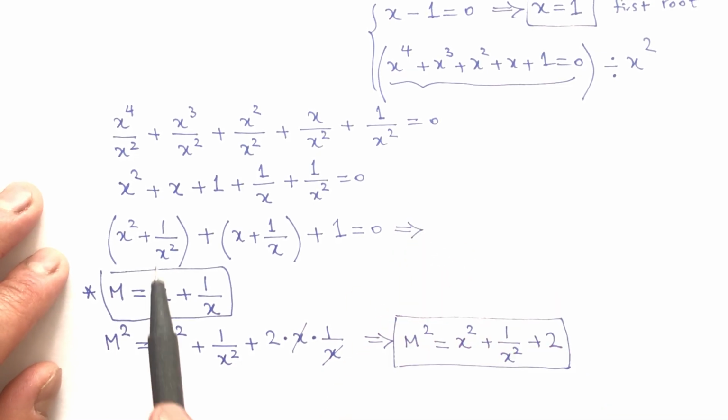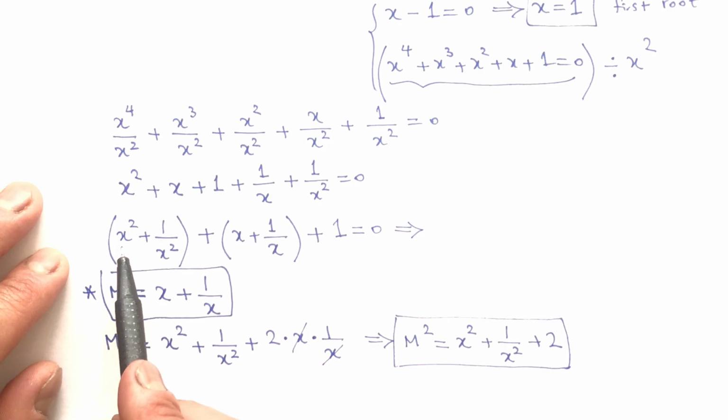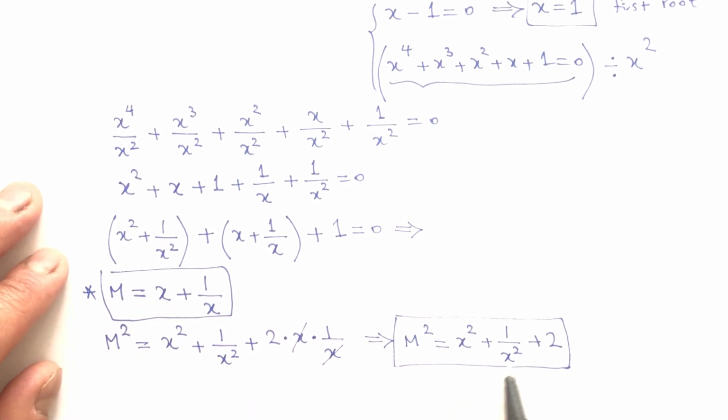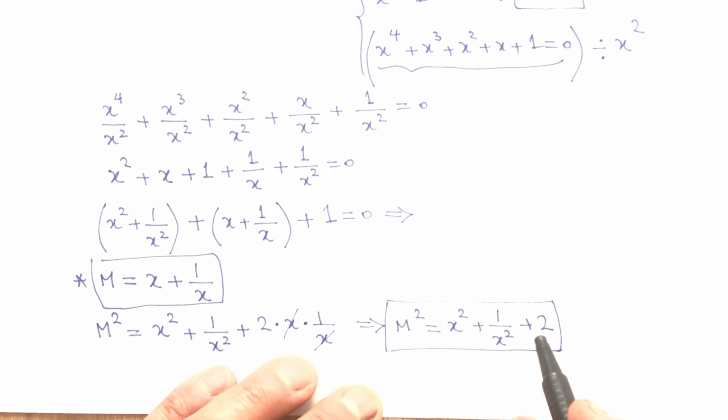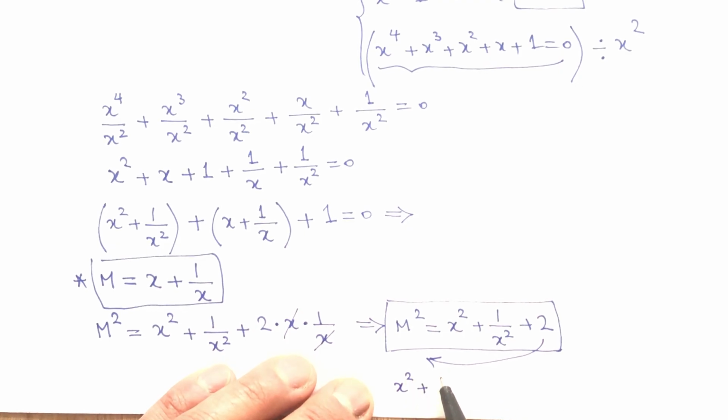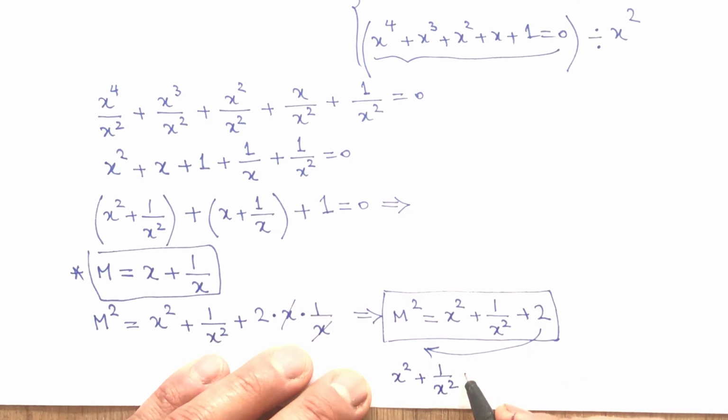Now, this one, x squared plus 1 over x squared. So you can see here, if you take these 2 to the other side, then x squared plus 1 over x squared will be m squared minus 2.